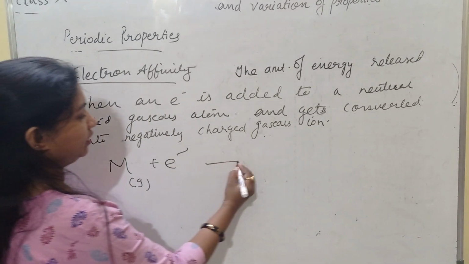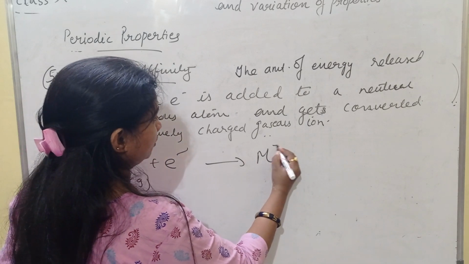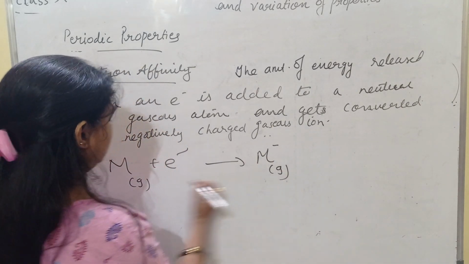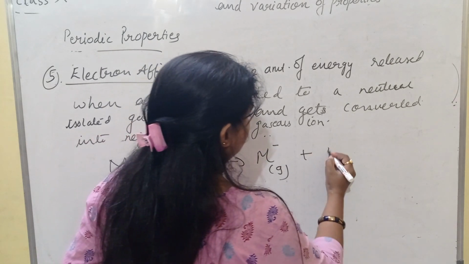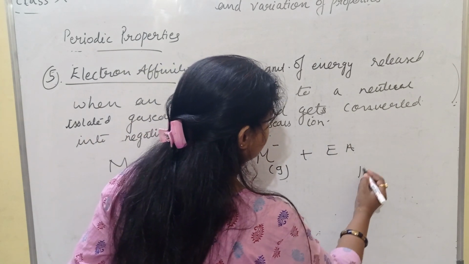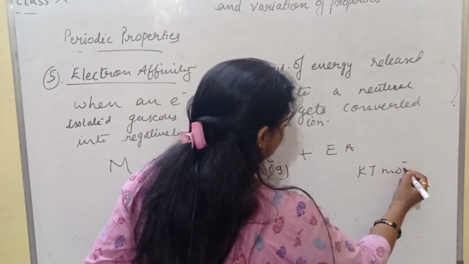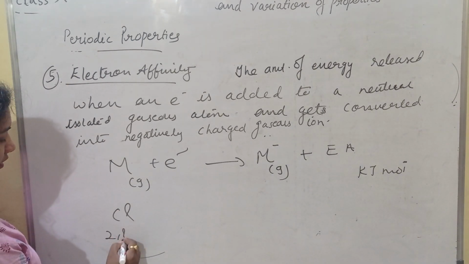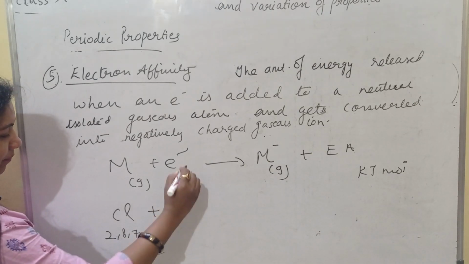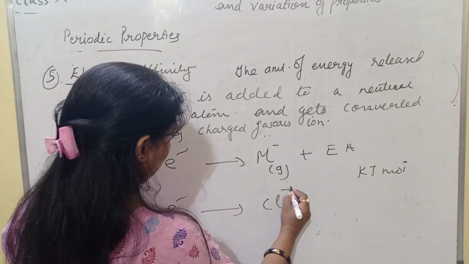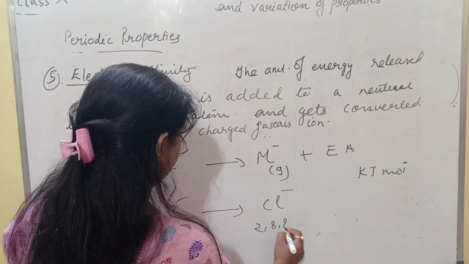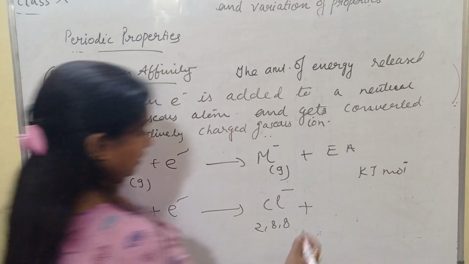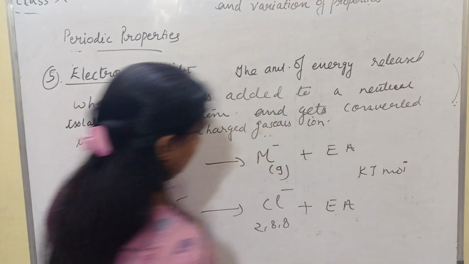We are adding an electron to it. It is converted into a negatively charged gaseous ion, and energy is released, again in kilojoule per mole. So this is the electron affinity. We'll take an example, say chlorine 2,8,7 accepted one electron, converted into chloride ion with 2,8,8, and energy is released, and that energy is called electron affinity.